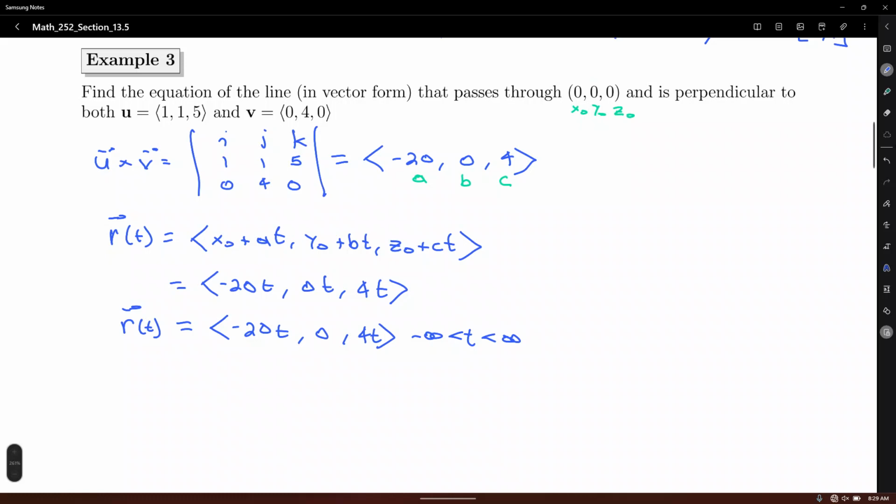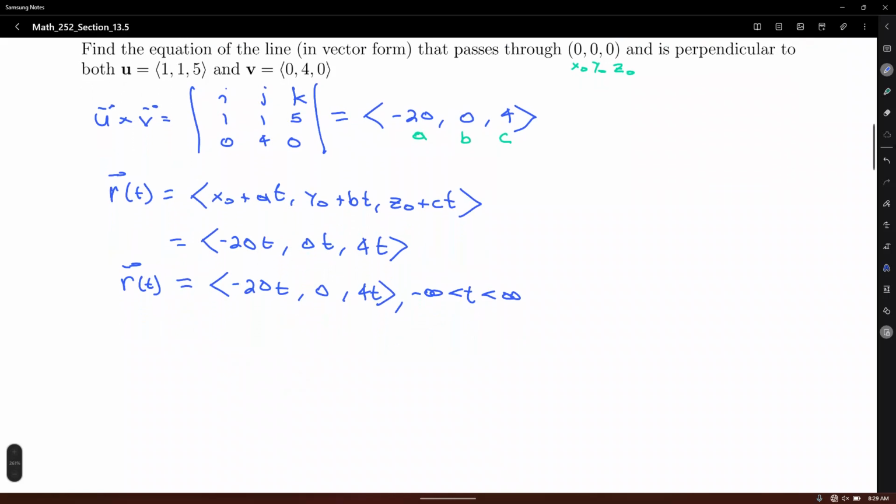All right. Now here is the thing, and this exercise is designed this way for a very specific reason. So there's something we can do about this. So number one, r of t, I'm going to factor out the t. That's going to give us negative 20, 0, and 4, all right?